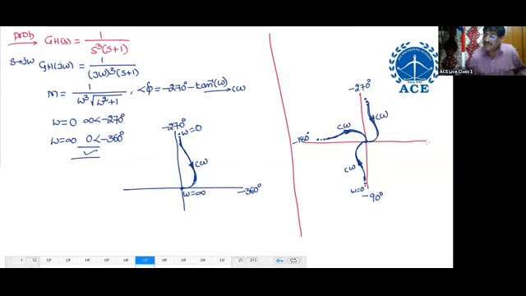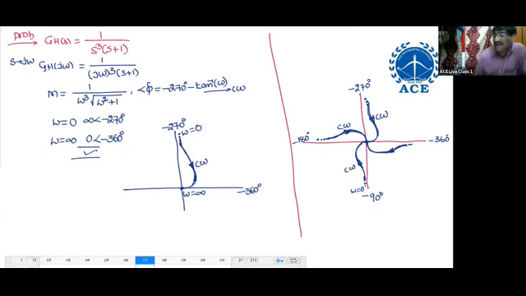In case of 4 poles at origin, start at minus 360, no doubt. End at 540. Don't write minus 90, it should be 540. For 6 poles, you get the same plot if more than 4 poles at origin are there.